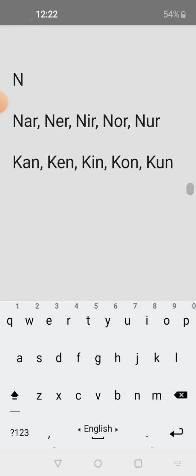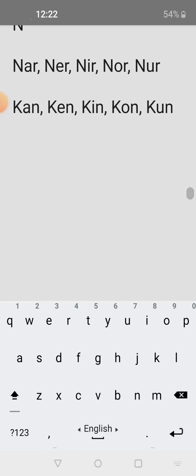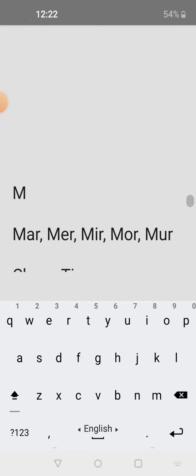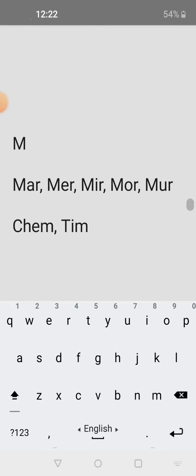N way more often appears at the end of syllables. M almost never appears at the end of syllables, so here I've written just the two syllables that ever end in M, because there's only ever two. But when M is at the start of a word: m, mar, mer, mere, more, moor.